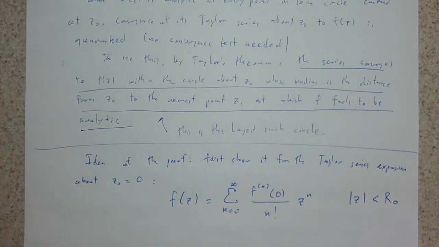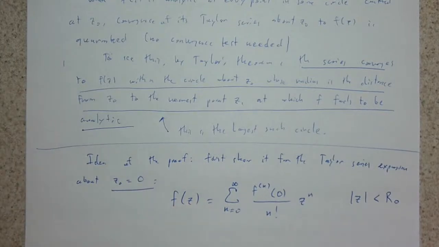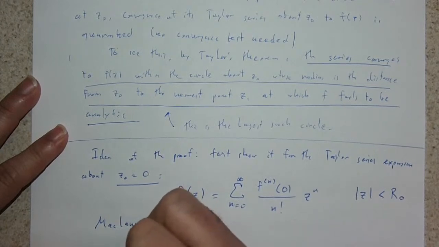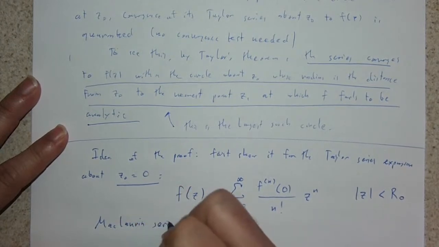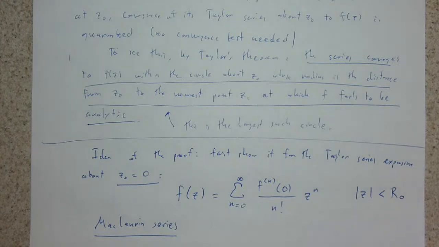This particular type of Taylor series, that is the expansion about z naught equals 0, is called a Maclaurin series. Once you show Taylor's theorem for a Maclaurin series instead of a Taylor series, the general case follows pretty much immediately as a consequence of this.